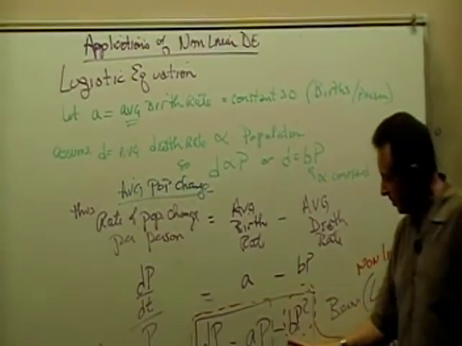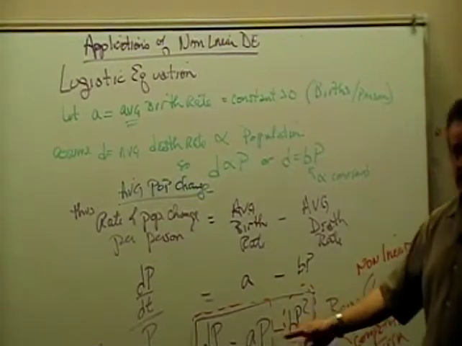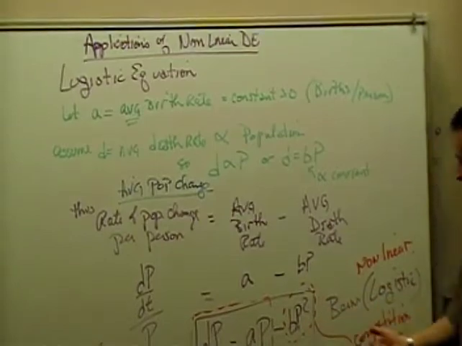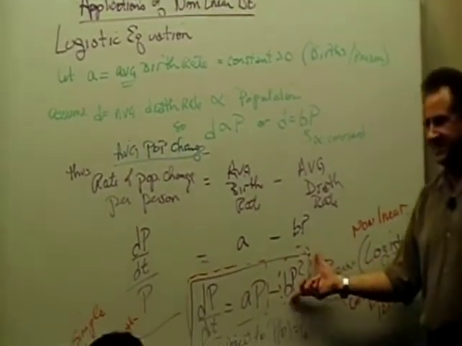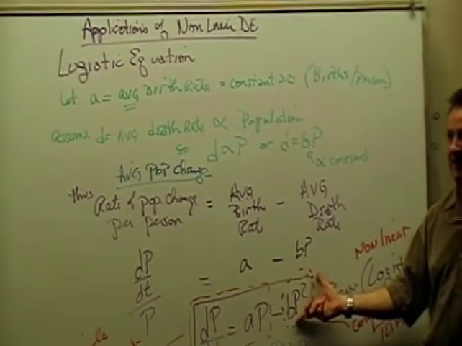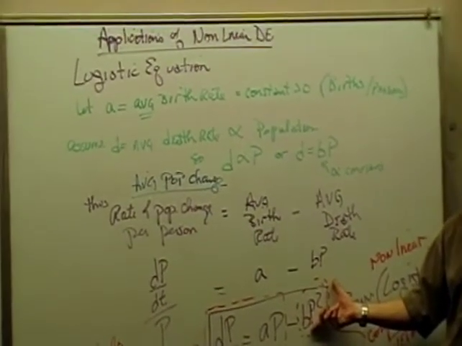This last term, which is what slows down your population, is called a competition term. This is where you have population competing for resources, hence slowing the population growth down.